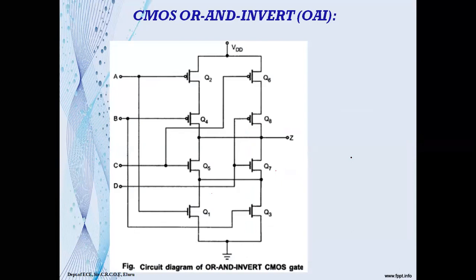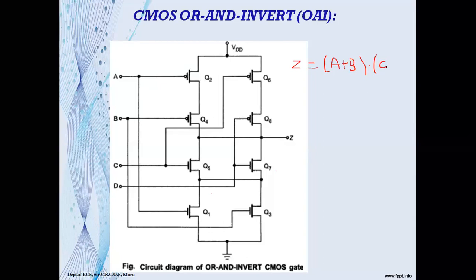Can you understand the circuit here? What are we doing exactly? What is the logic expression for this circuit? The logic expression is Z equal to A plus B, isn't it? A plus B, because it is the first OR operation, and then we have a NAND operation, I mean an AND operation, with the second combination.